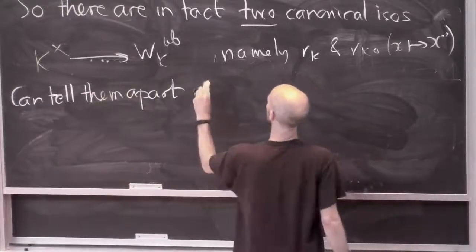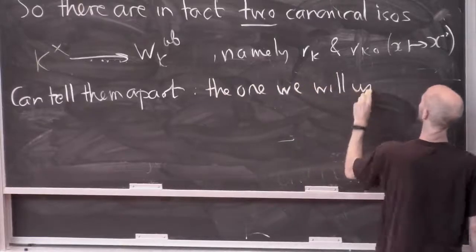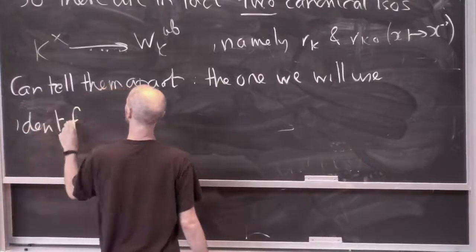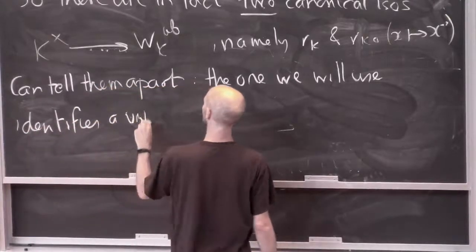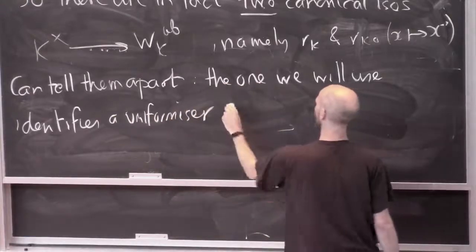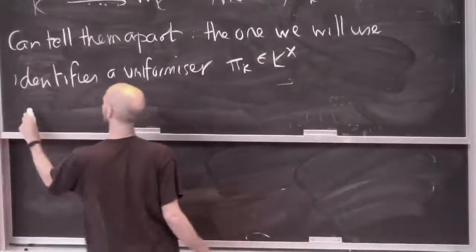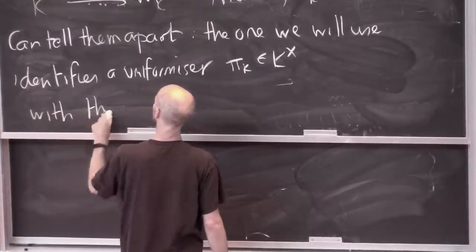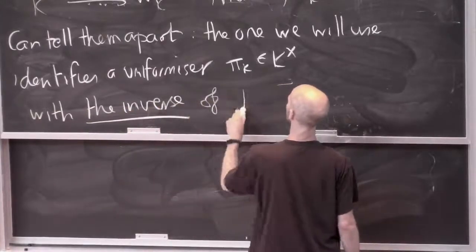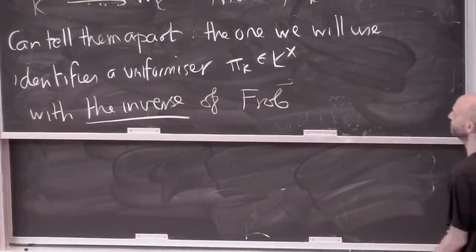The one we will use identifies a uniformizer pi k in K star with the inverse of Frob Q. And the other one doesn't.